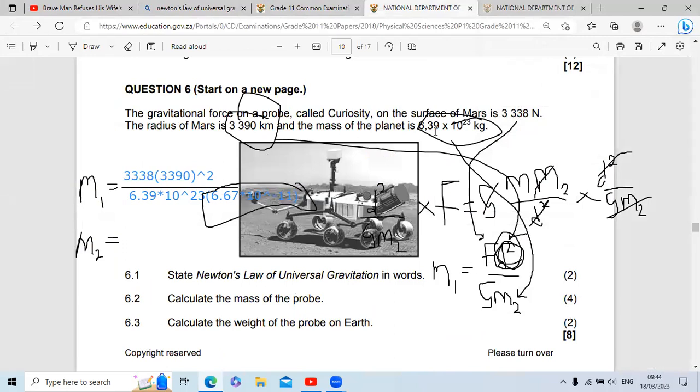So let me try to calculate this again because I don't know whether it's my calculator. Squared, 6.63 times 10 to the exponent 23, 6.67 times 10 to the exponent.